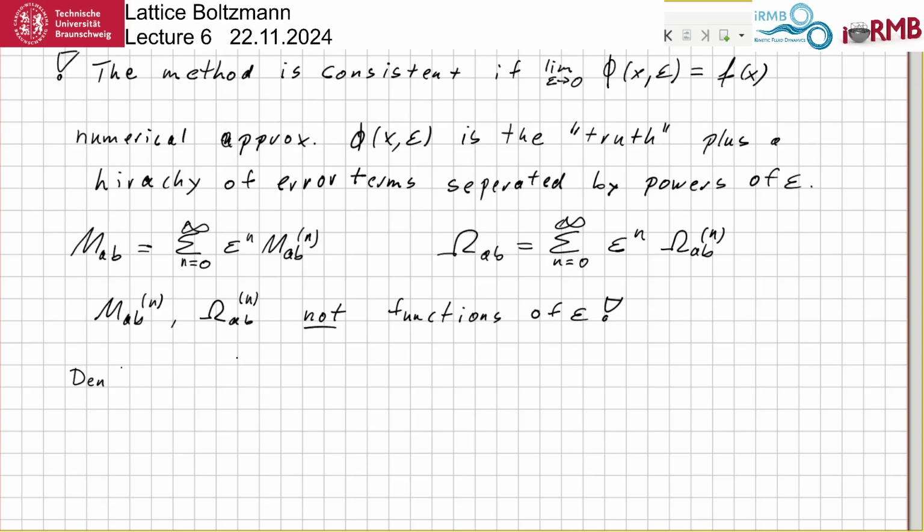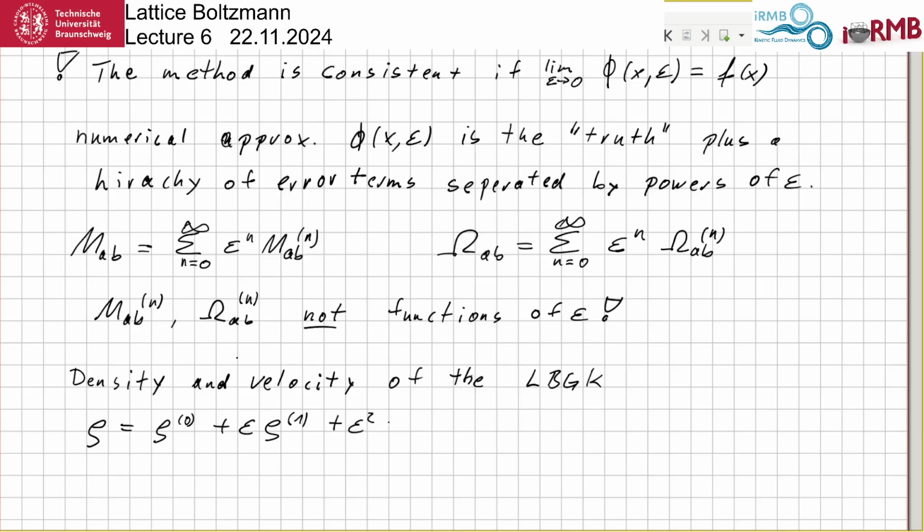Okay, let's look at the things that we actually want to solve for. So there's a density and velocity of the, okay, we call this lattice BGK. This is why it's LBGK. So we will have density rho. This is the outcome here, and we say this density rho we must be able to expand as rho of order 0 plus epsilon rho of order 1 plus epsilon squared rho of order 2 plus and so on.